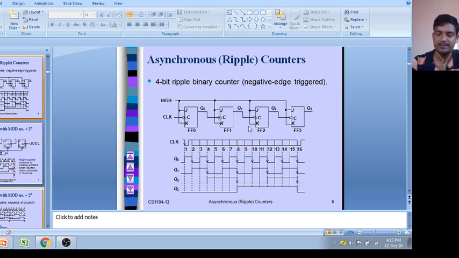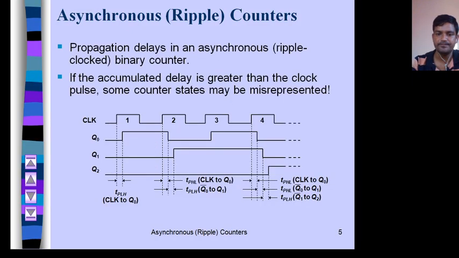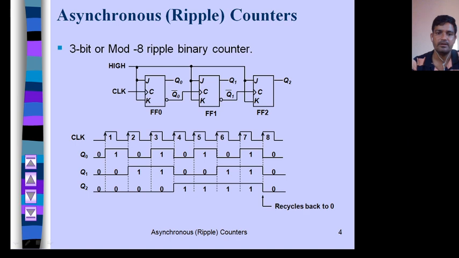Okay, in last class, just once again I am showing the diagram which we implemented here. We were using positive edge, but we were taking complemented output to clock input of next flip flop. In this way we were implementing asynchronous up counter, but you can also implement up asynchronous counter by using negative clock pulse.